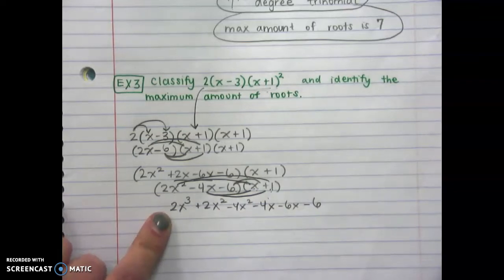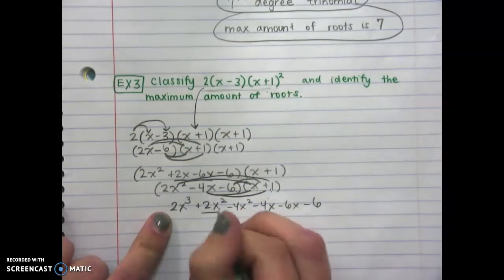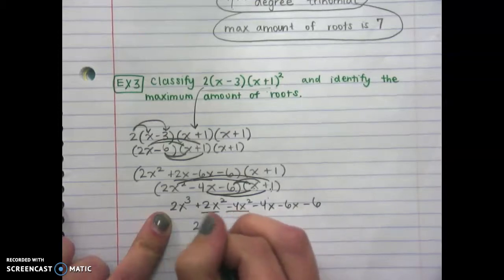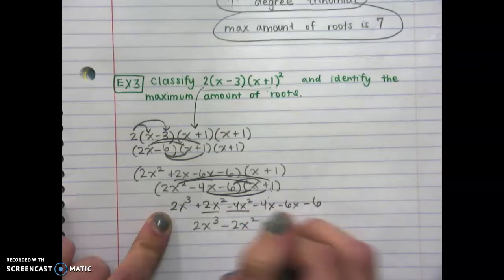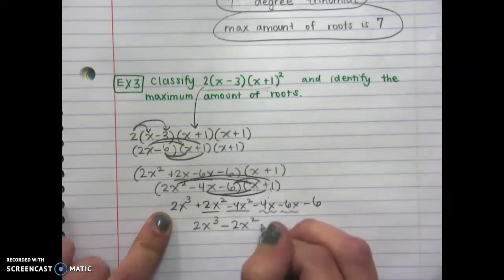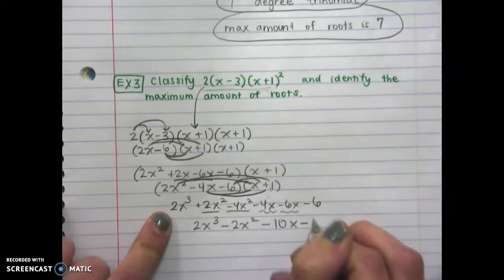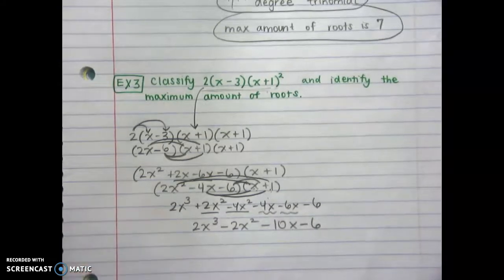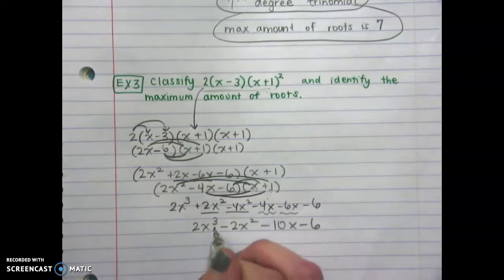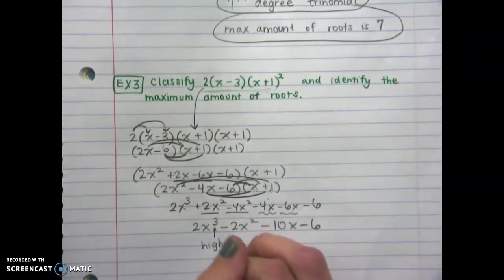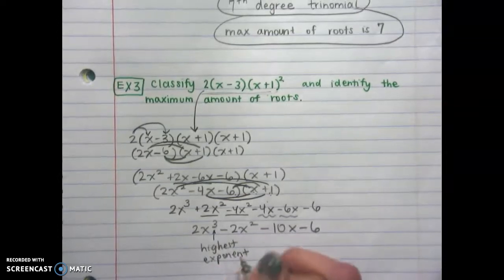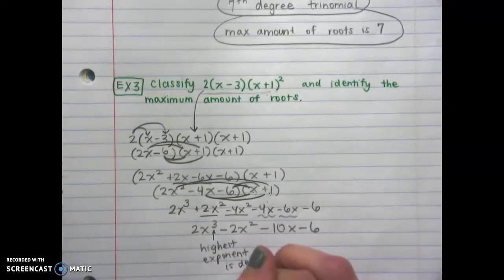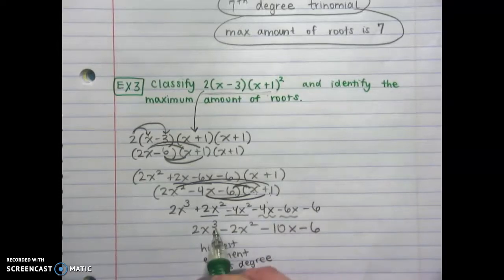So now I'm in standard form, almost. I just have to combine like terms. 2x cubed minus 2x squared minus 10x minus 6. So to classify this polynomial, I would have to look at the highest exponent. That's my degree, which is a 3.